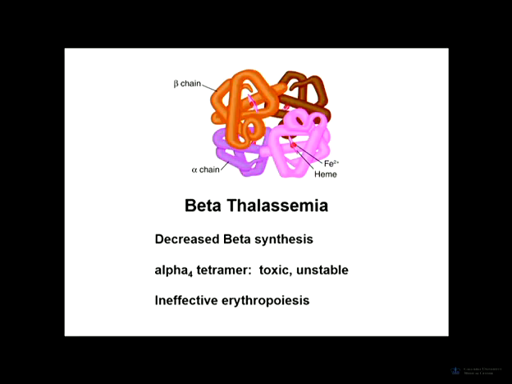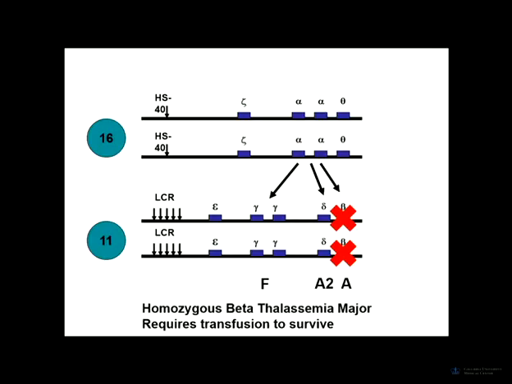So the difference is alpha thalassemia syndromes are hemolytic anemias where the red cells get into the circulation and can survive, whereas with beta thalassemia, the red cells are killed within the bone marrow, and this results in what's called ineffective erythropoiesis. The red cells just aren't released from the bone marrow.